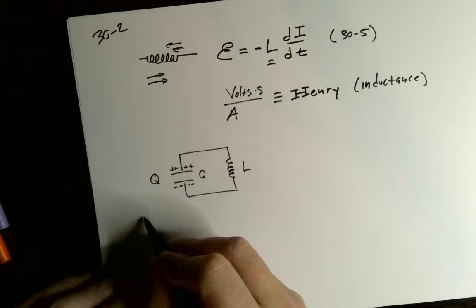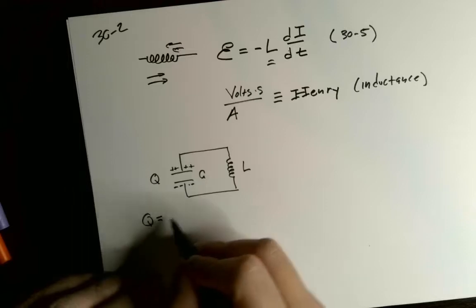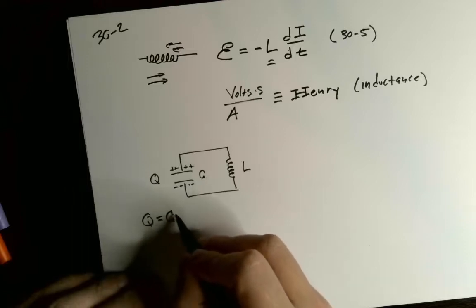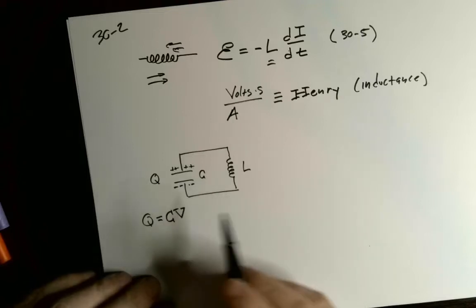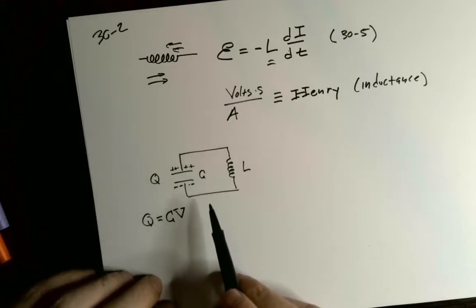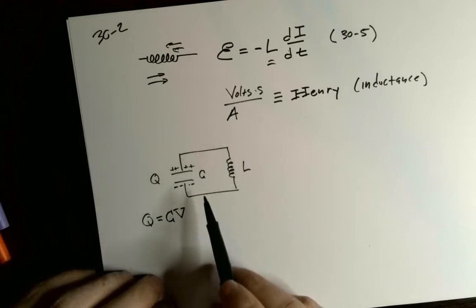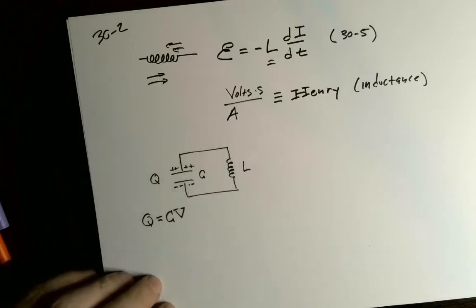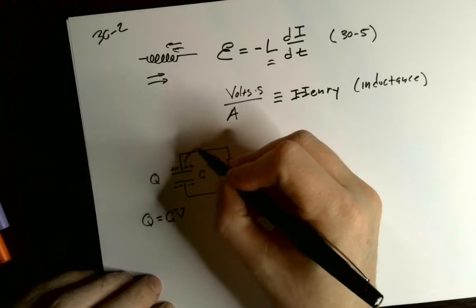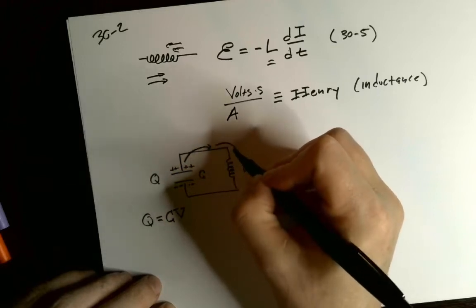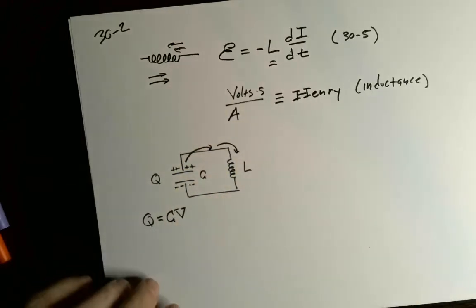The equation for that is the charge is equal to the capacitance times the voltage. That's going to want to push charges around this loop. If we're talking about the direction, traditional current goes from positive to negative. So current is going to want to flow through that loop.